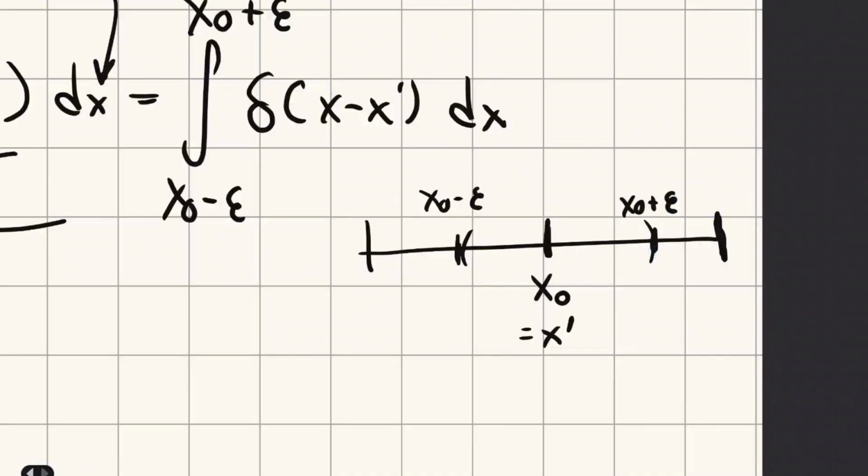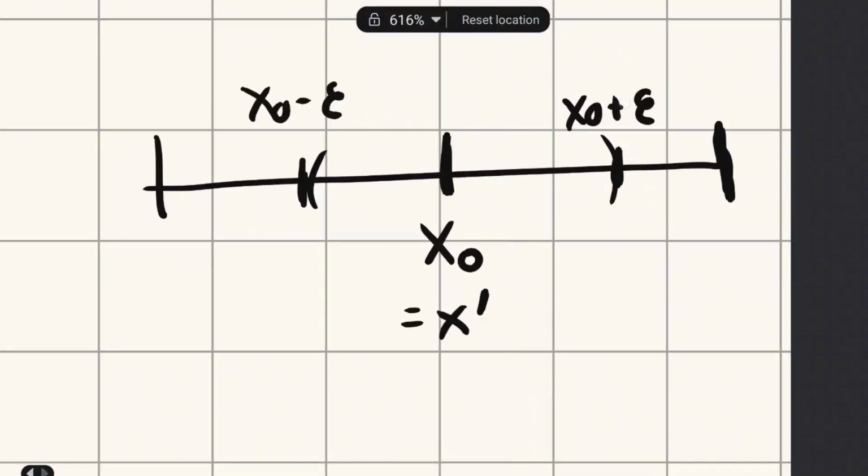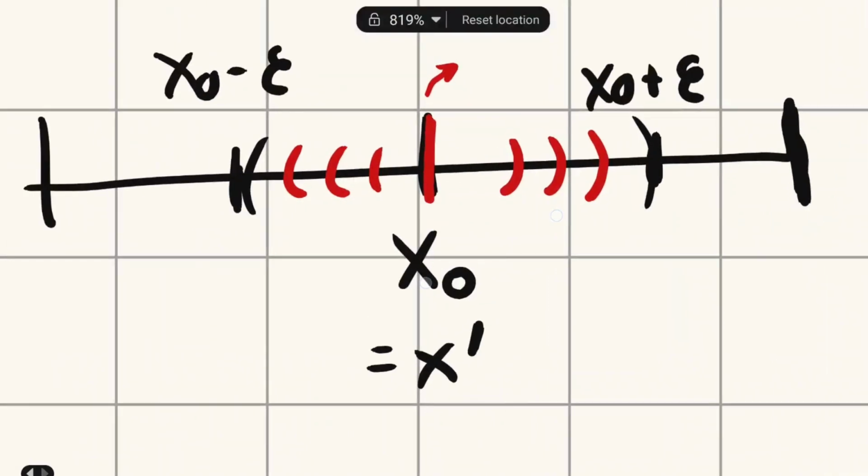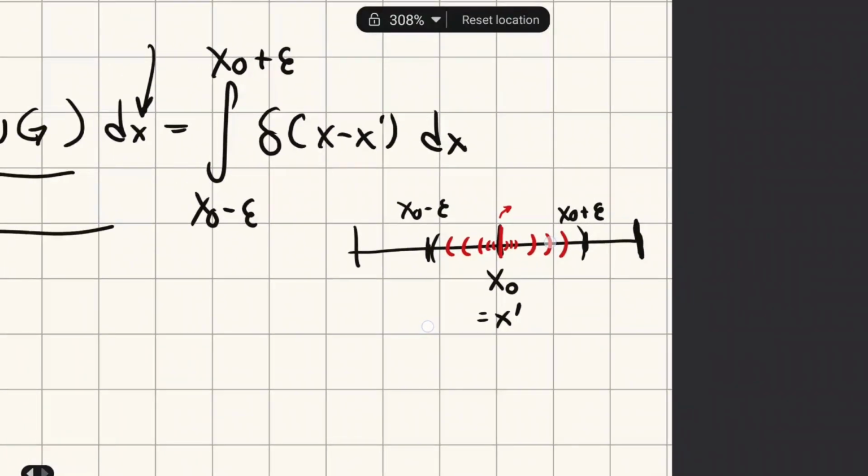x0 plus epsilon. It doesn't matter if epsilon goes to 0, making this interval shorter and shorter. Since x0 is equal to x prime, x prime is always going to be inside that interval, no matter how small it is.